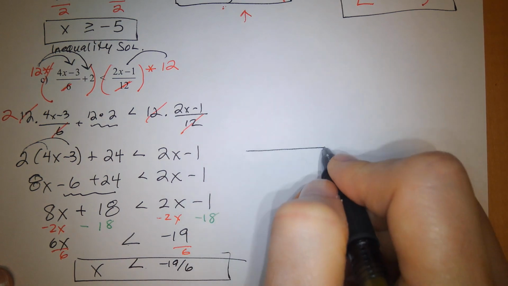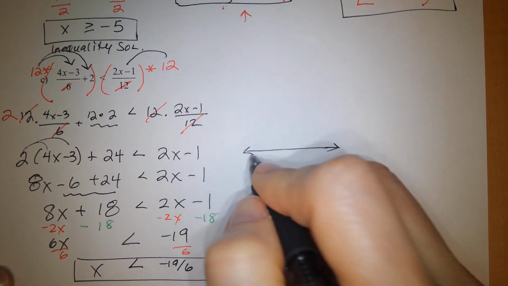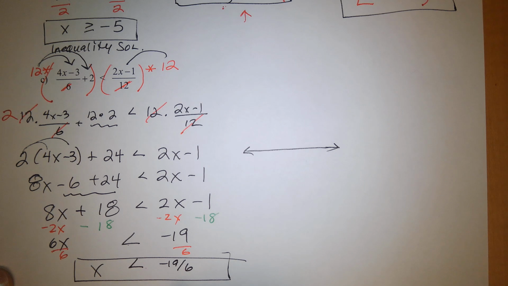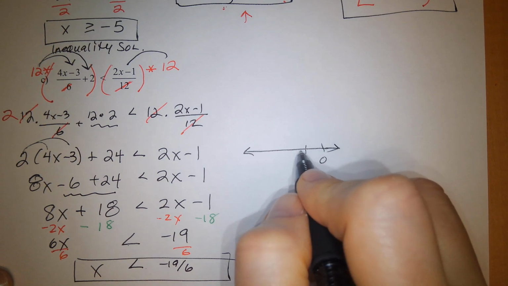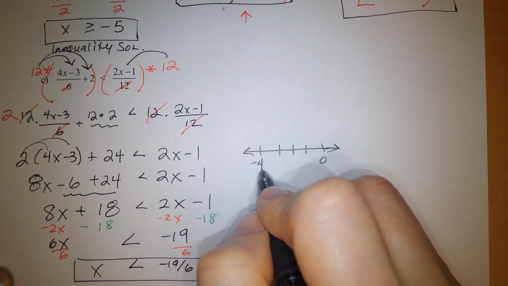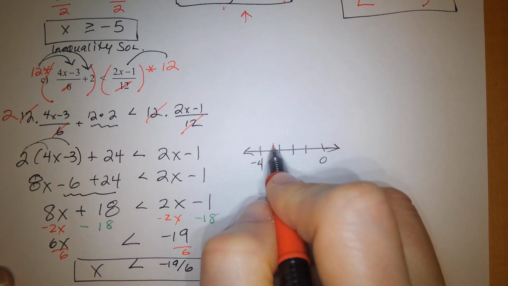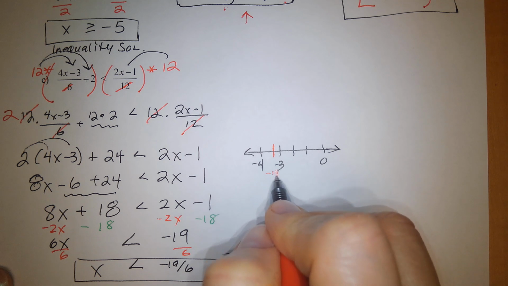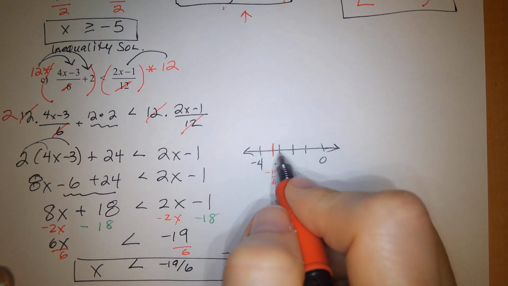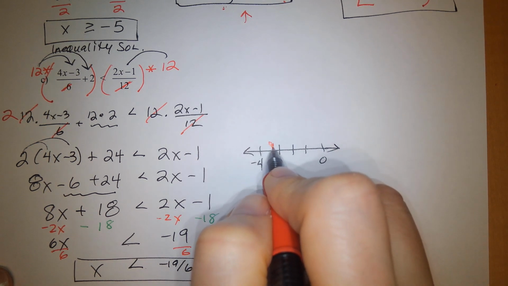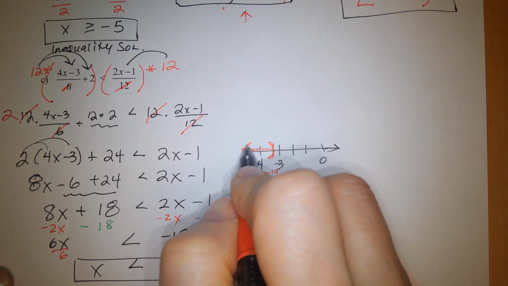The graphical solution, negative 19.6 is between the integers of negative 3 and negative 4. So negative 19.6 is in between those two numbers, and x is less than that number. So right about here is where you're going to find negative 19.6. And I want to show that x is less than that number.